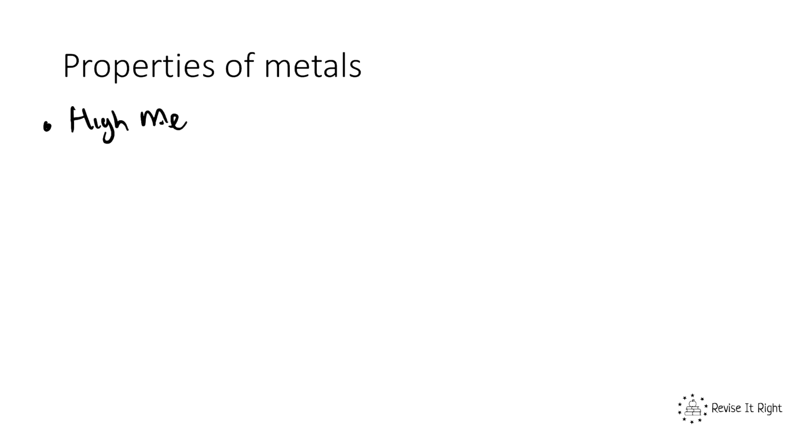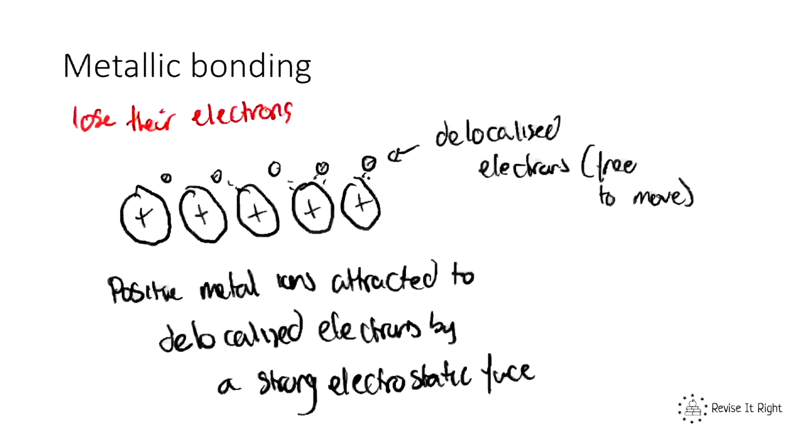and boiling point. Now, if you've watched the videos previously on ionic compounds and simple molecular structures, you will be used to the idea that if something has a high melting and boiling point, then there must be strong bonds that require a lot of energy to break. And that's exactly what metals have. These electrostatic forces between the delocalized electrons and the positive metal ions are strong.